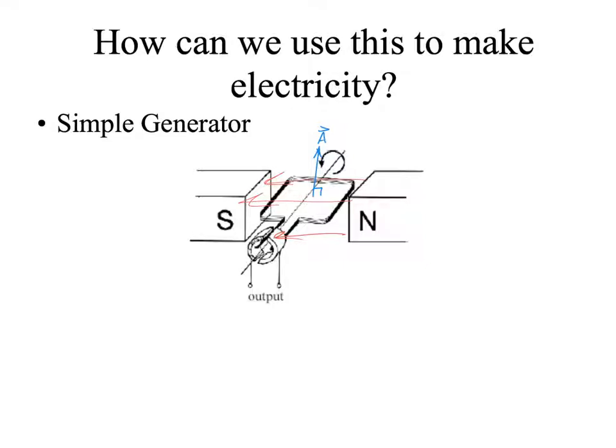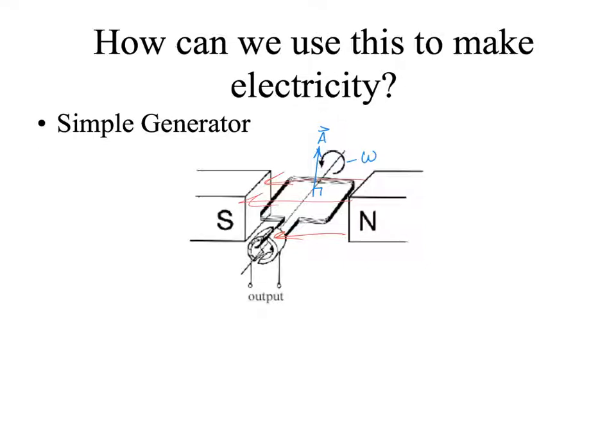And what happens in a simple generator is that through some mechanical means, like in a big power plant, it could be a turbine that turns through steam traveling through it, the coil is actually going to rotate with an angular velocity of omega.